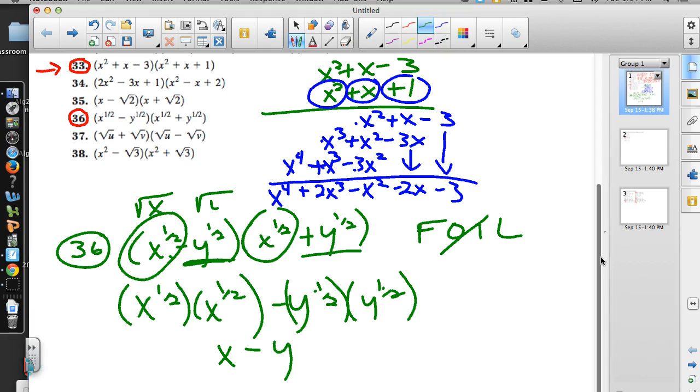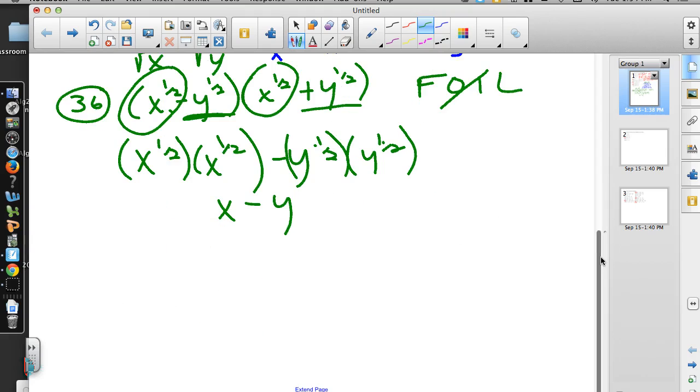And this was y to the 1/2, which means it was the square root of y. And whenever we're dealing with square roots, then our values have to be positive. So we should tell them, you know, this is the domain. We realize that because there are square roots, x will have to be greater than or equal to 0, and y will have to be greater than or equal to 0.